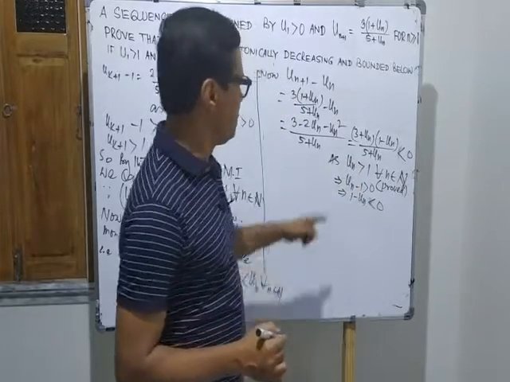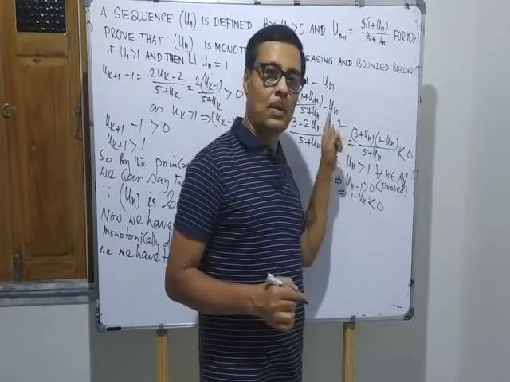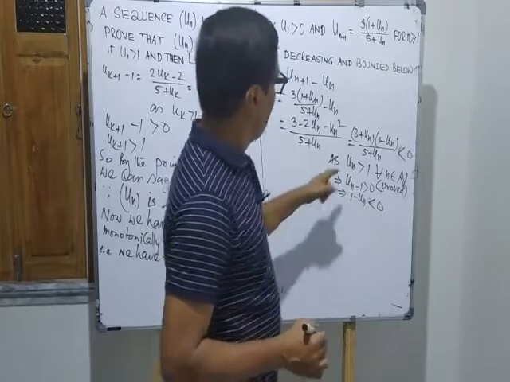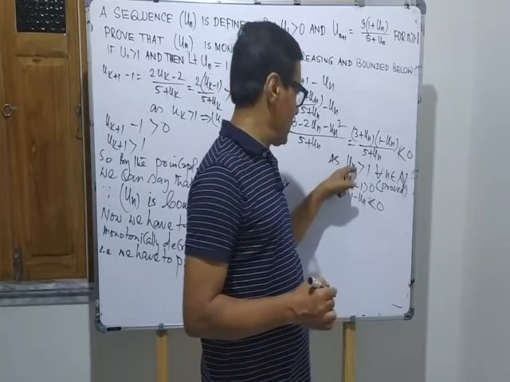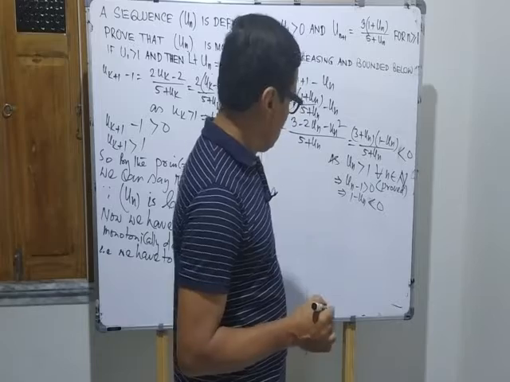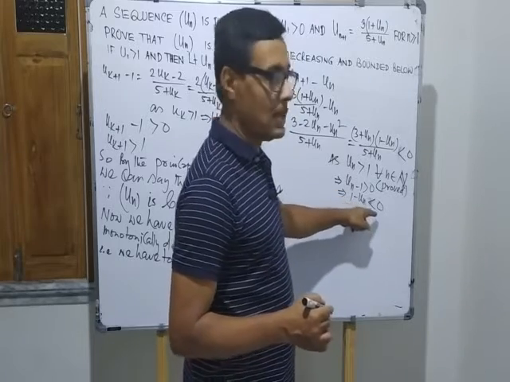This sequence is bounded below, which is already proved. So we can write 1 minus un less than 0.